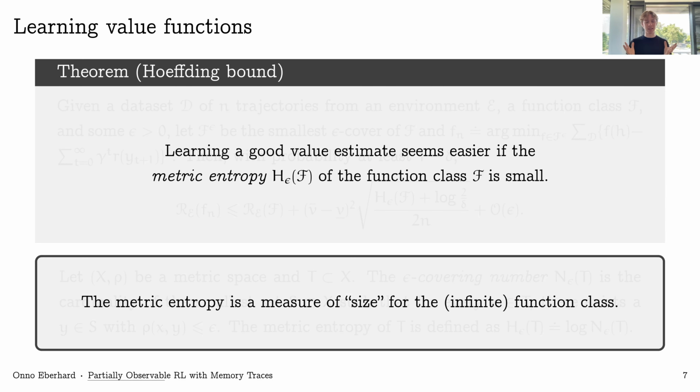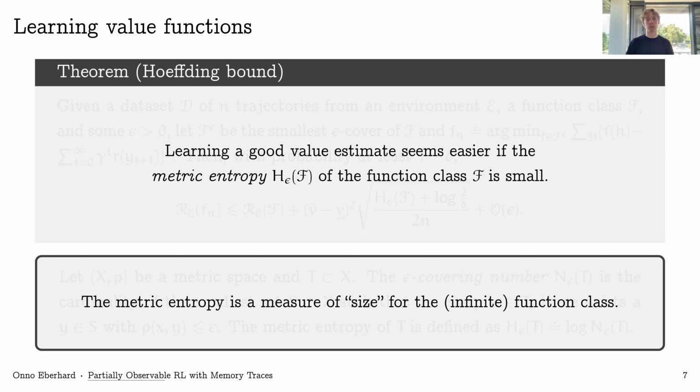So what does this have to do with learning value functions? How can this tell us whether it is more efficient to learn with memory traces or with sliding windows? To understand this, we look at statistical learning theory, which tells us that it is easier to learn a good value function if the size of the function class that we consider is small.